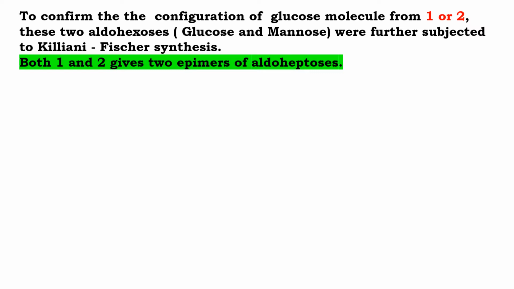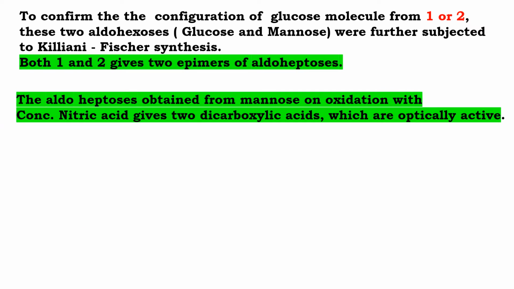So we take both structures 1 and 2. Whether 1 is glucose or 2 is glucose, we don't know. Whether 1 is mannose or 2 is mannose, we do not know. So we take structure 1 and structure 2 and further subject them to Kiliani-Fischer synthesis.